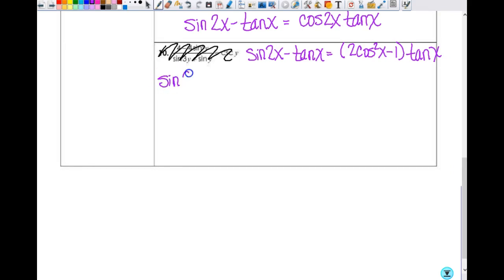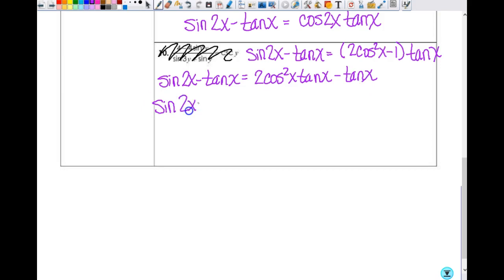So sine 2x minus tangent x equals, so when I distribute that tangent, I'm going to get 2 cosine squared x tangent x minus tangent x. Now I'm going to go ahead and write out the left-hand side again.